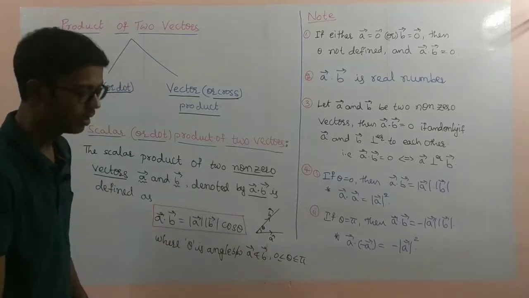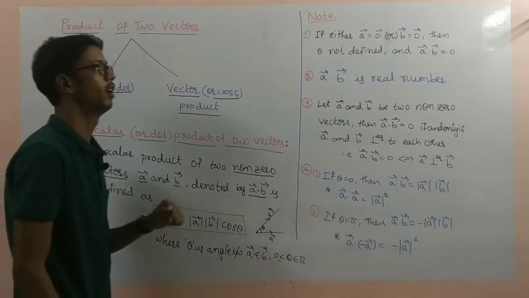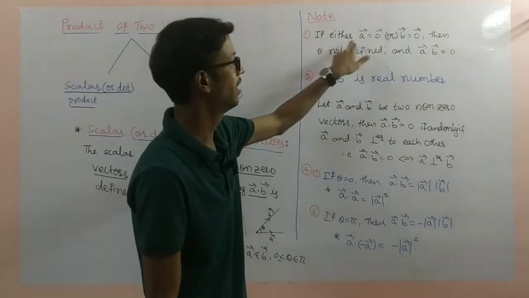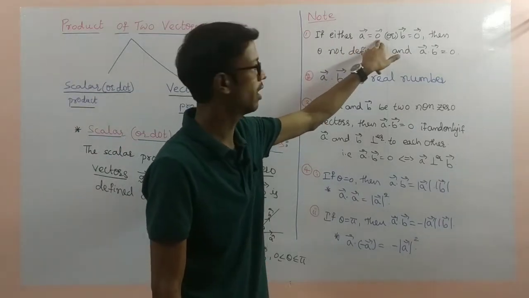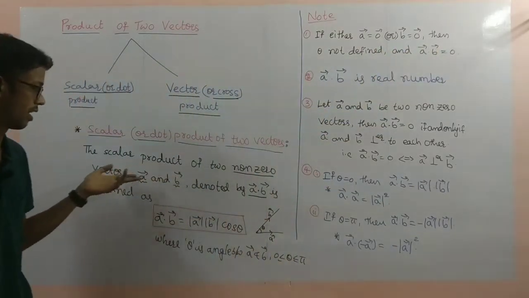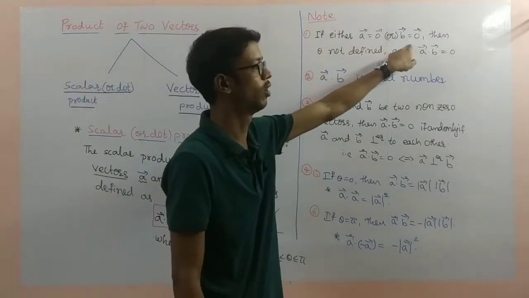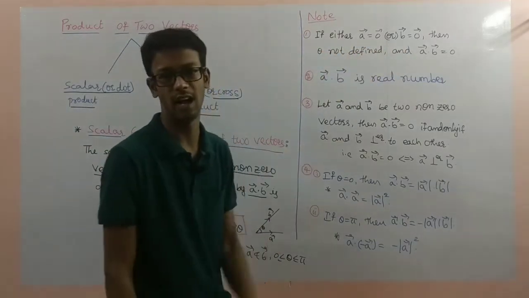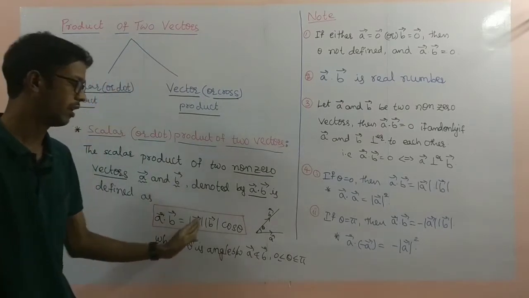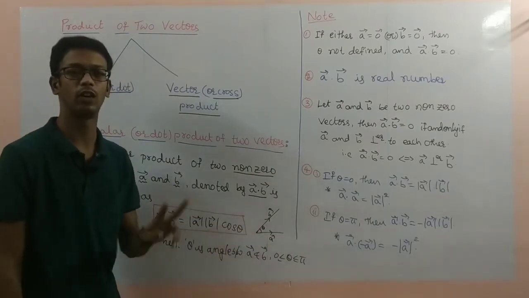Next, some important note points of this scalar product. If either A bar equals 0 bar or B bar equals 0 bar, that is, any one of the vectors is a zero vector, then theta is not defined, because there is no angle between the two vectors.